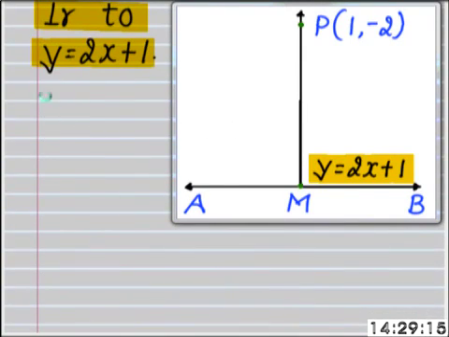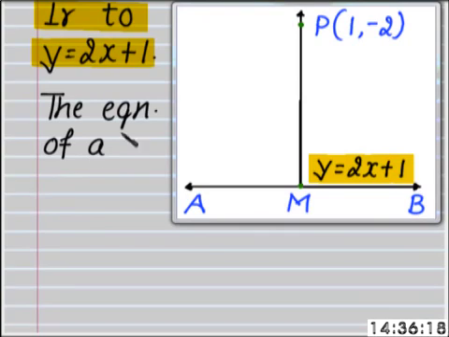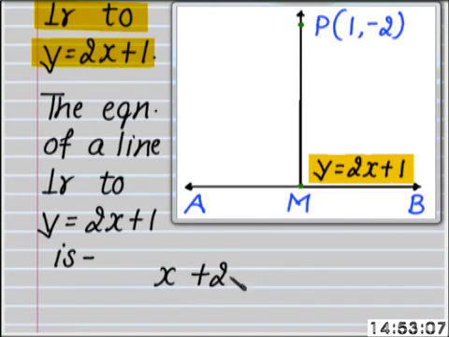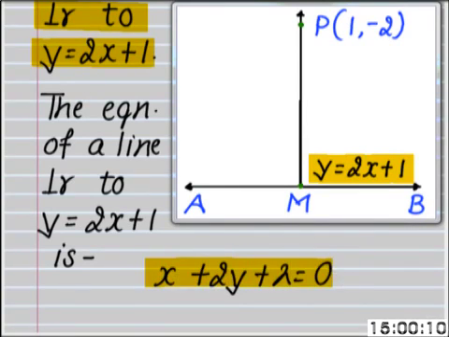Now the equation of a line perpendicular to the line y equal to 2x plus 1 is x plus 2y plus lambda equal to 0. Let it be equation number 1.